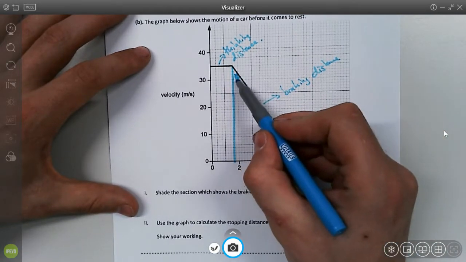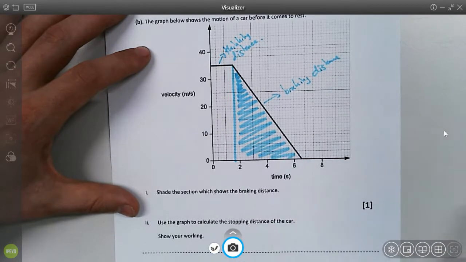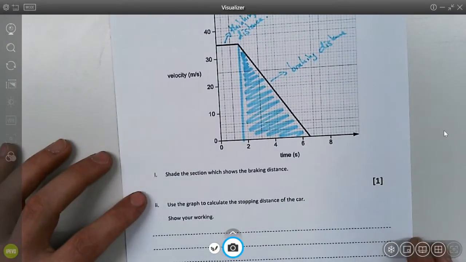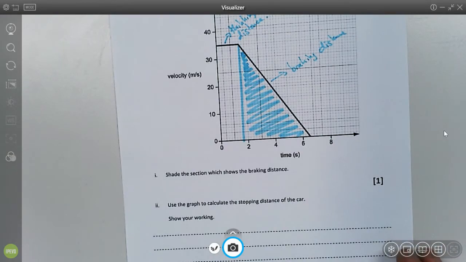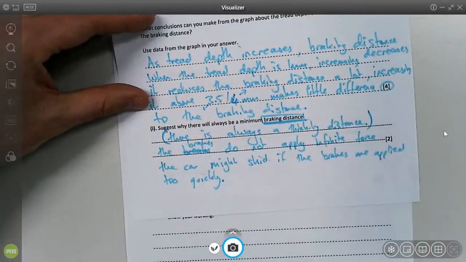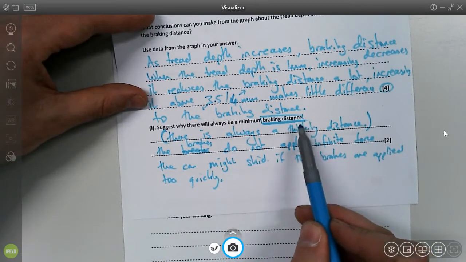So this section here is the braking distance, and this section here is the thinking distance. The stopping distance, and you can see why I did say, very carefully, that actually this one here is probably not going to be the answer, because braking distance is nothing really to do with thinking distance usually.